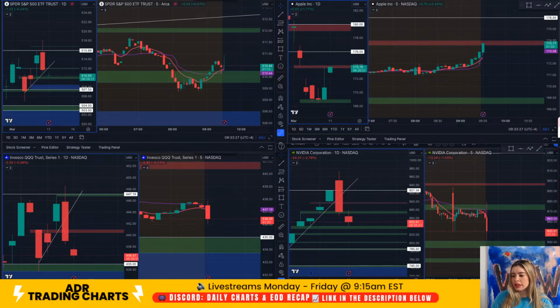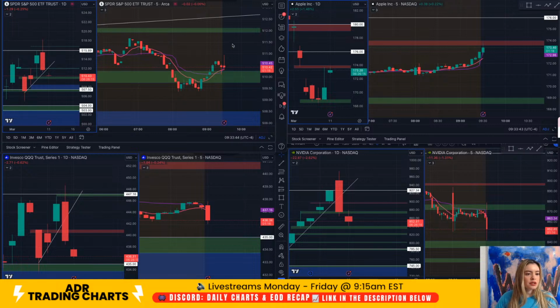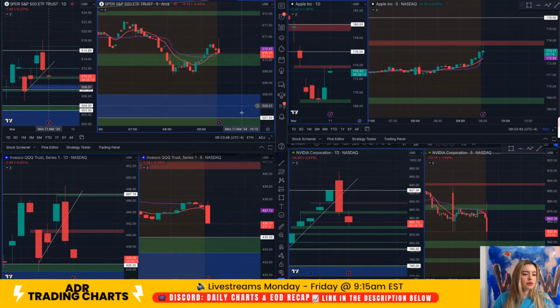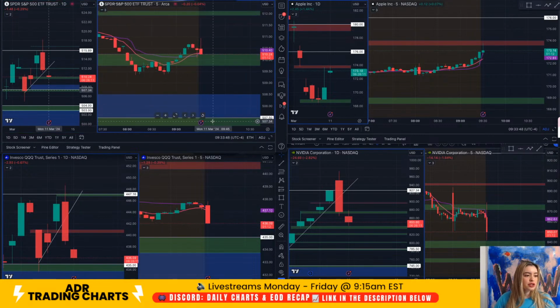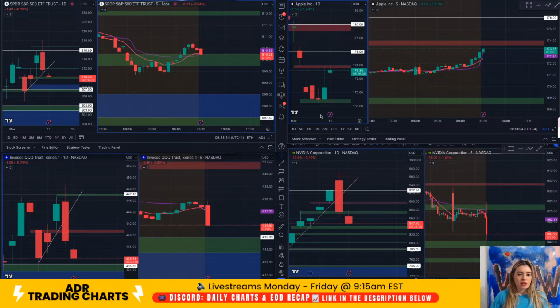honestly, I don't want to trade any individual stocks. I want to see what SPY, the Q, and pretty much IWM are gonna do, and see if we have a change of structure, which would mean now we're turning bearish, or if we regain that bullish structure.